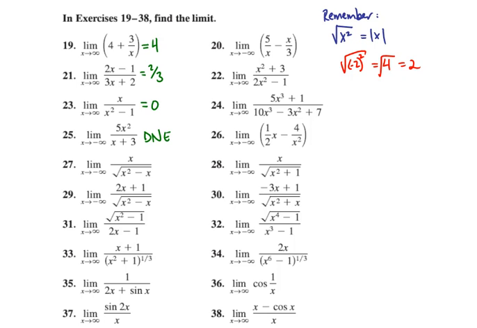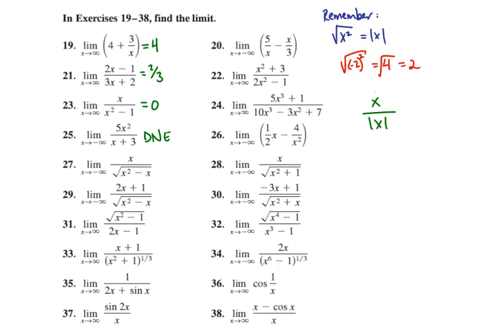So in problem 27, in the denominator, you have the leading term being the square root of x squared, and so that's the absolute value of x, whereas in the numerator you have x. So you end up with something like x over absolute value of x. Now, when x is positive, those two things will both be the same, and you'll get a 1 there.